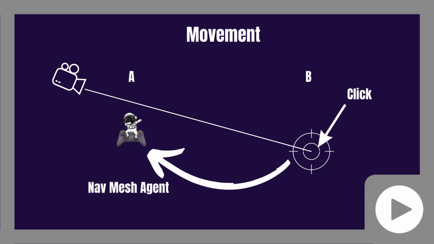To achieve this, we'll be crafting a new method, perhaps named MoveToClick. Within this method, we'll encapsulate the logic needed to determine if our ray successfully hits a point on the terrain, and if so, ascertain the precise hit location. This information will then be used to direct the player's movement to the desired destination.